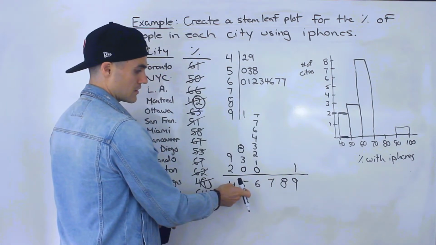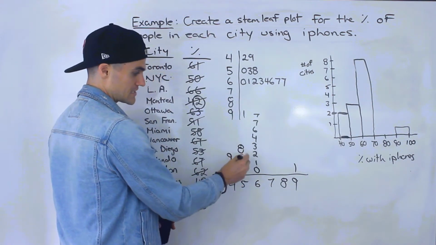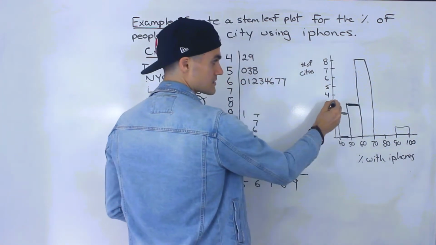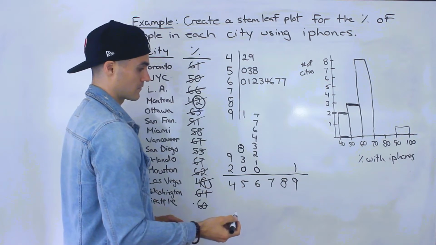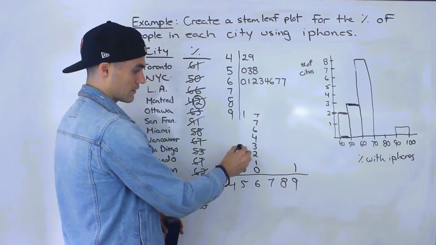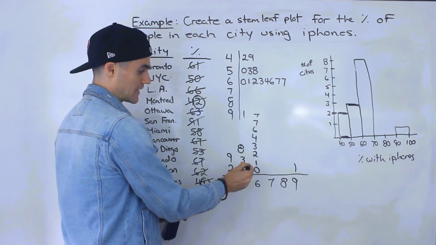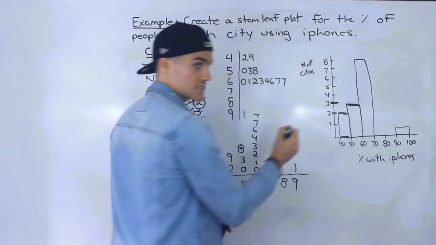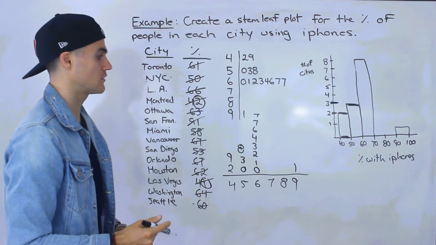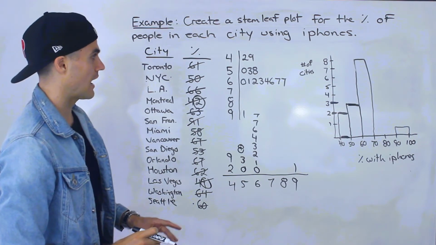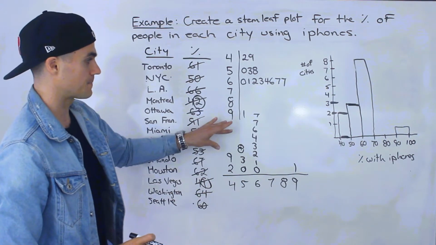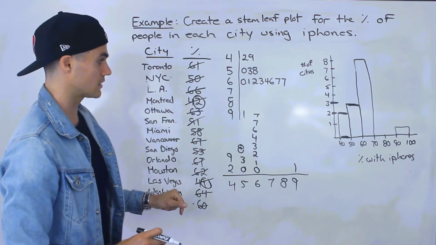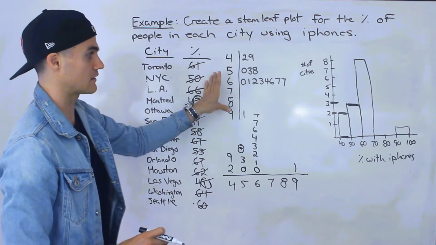And then the percentages starting with 5, there are 3 cities, right? 3 cities, frequency is 3. Now here, the actual frequency number is not given, so you gotta count these, right? So 1, 2, 3, versus here, the frequency number is actually given. But I just wanted to mention how we can get an idea of how the histogram is going to look by just taking this and then flipping it.